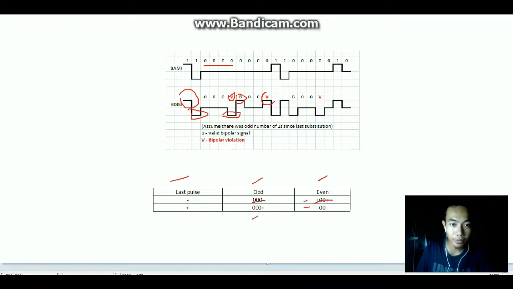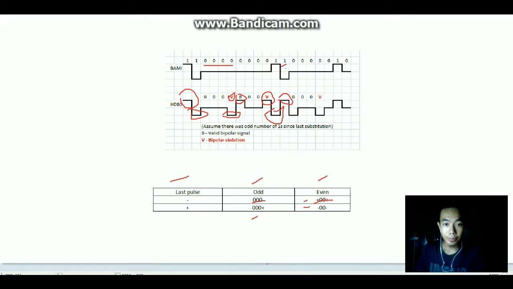The violation means the disturbance between the valid bipolar signal and the other one, occurring at the negative level. Then the other one is occurring at the positive level, where we can see the synchronization.